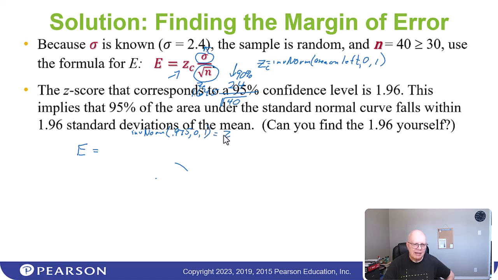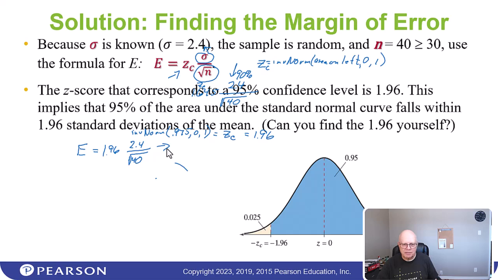That'll give you Z sub C. In this case, 1.96. Try that on your calculator so you get practice doing it. So it'd be 1.96, 2.4 is the population standard deviation, and our sample size is 40. And you can get that answer yourself.